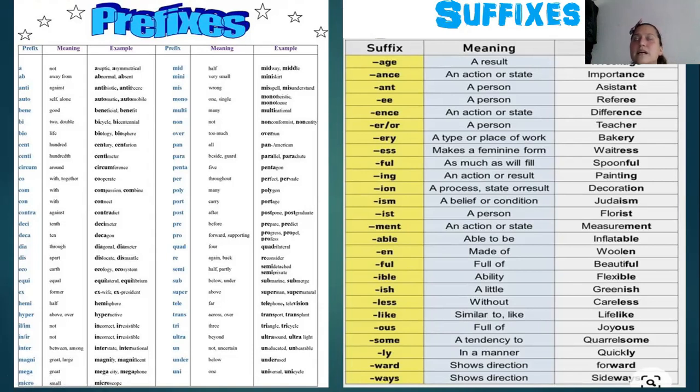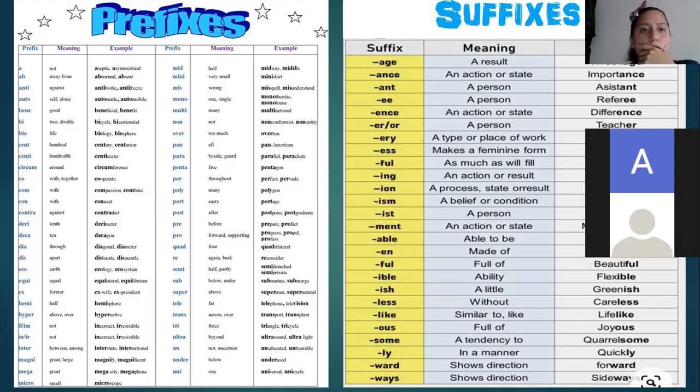Unreliable. So that is a negative form. Suffixes are the same, but you are going to use first the word and later the suffix. Able, ful, as much, full of. That is the meaning, as much, full of. Okay. Ay, se me va.